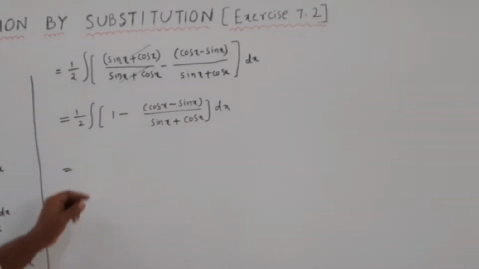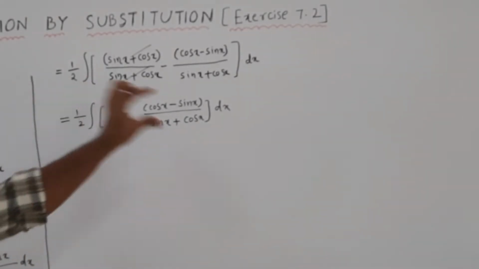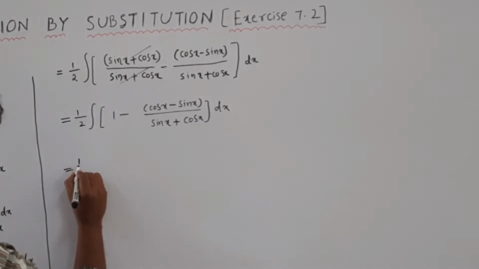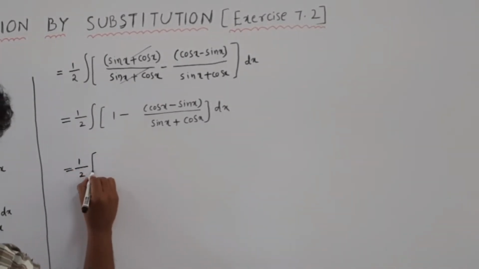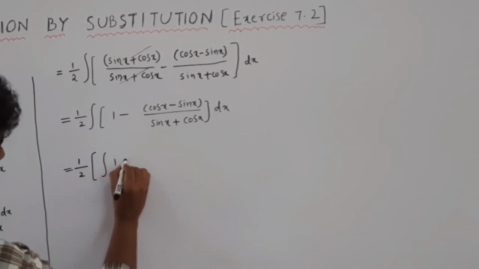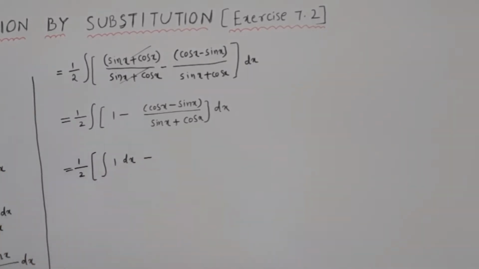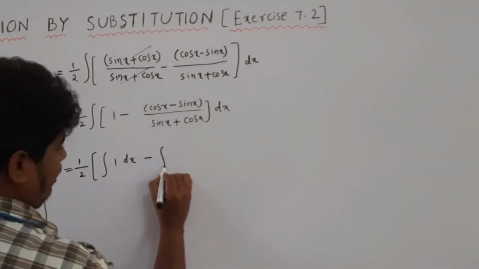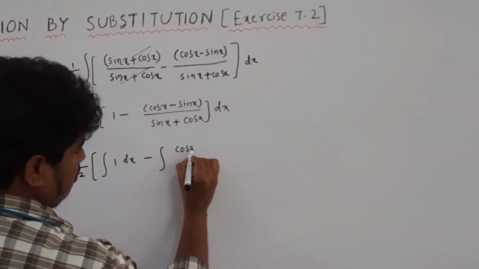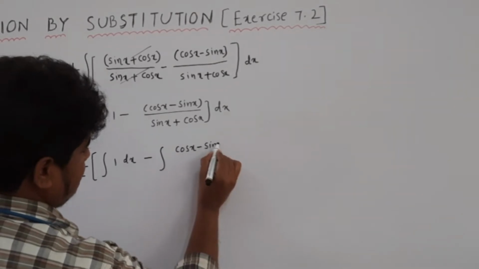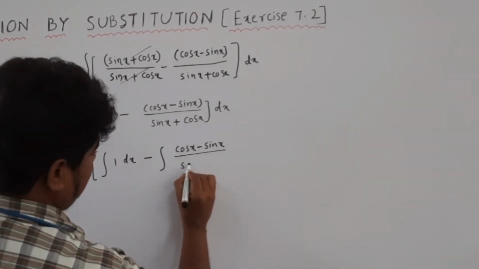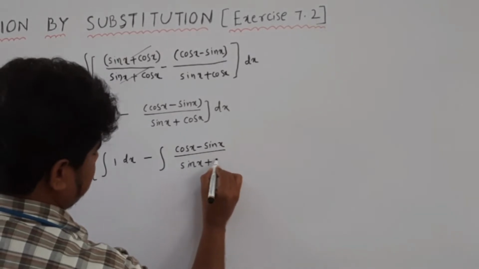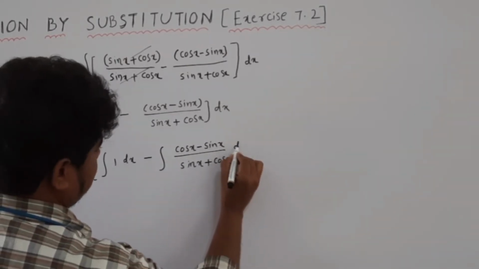Here there are two terms, take the integrals separately. 1 by 2 into the integral of 1 dx minus the integral of cos x minus sin x divided by sin x plus cos x dx.